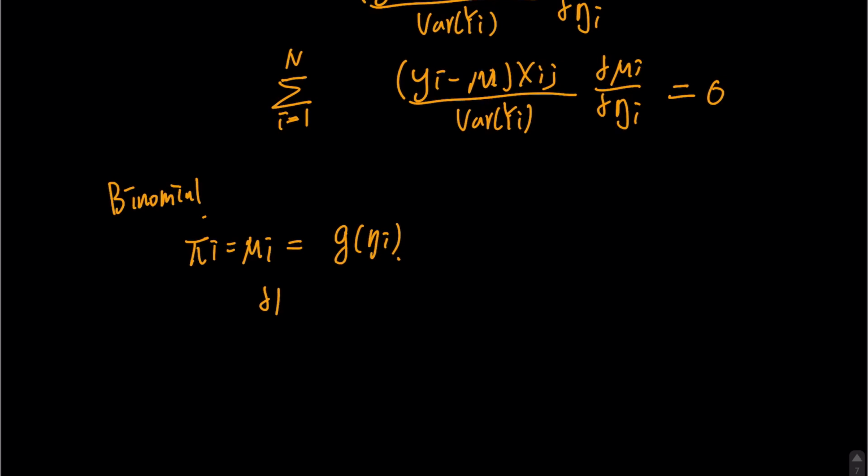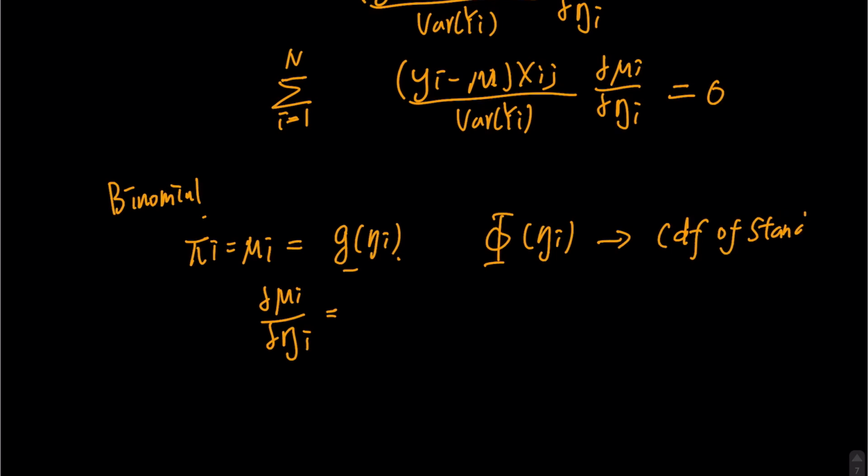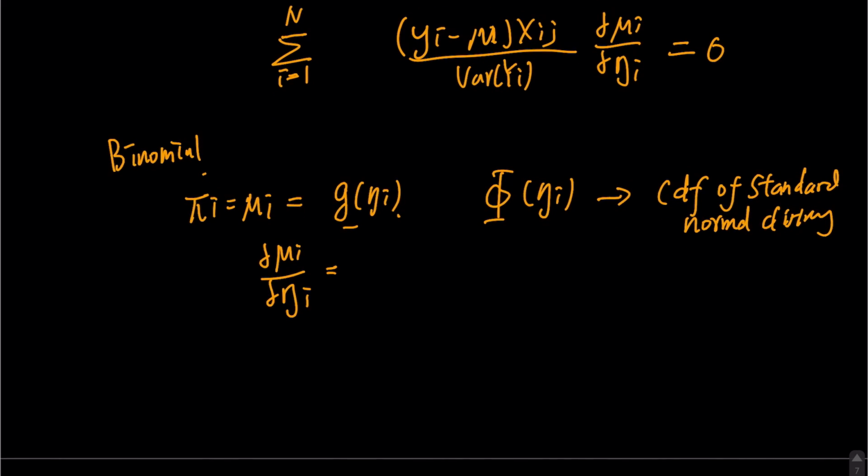So d mu_i d eta_i, the part that depends on the g function in the binomial case: if the CDF of the standard normal distribution is our link function, then since it's a CDF, d mu_i d eta_i is going to be equal to phi prime eta_i, and the derivative of a CDF is just a PDF, and we use this lower phi to denote the PDF of the normal distribution.